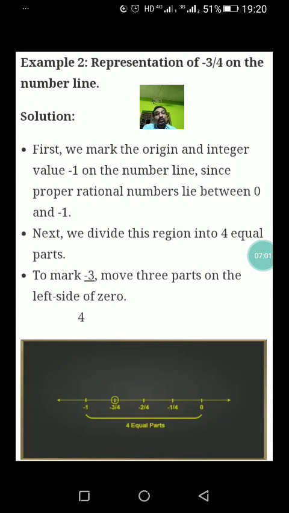Now, we have to represent minus 3 by 4 on the number line. How can we represent minus 3 by 4 on the number line? 3 by 4 is a proper fraction because 4 is greater than 3, and minus 3 by 4 is the negative of 3 by 4.